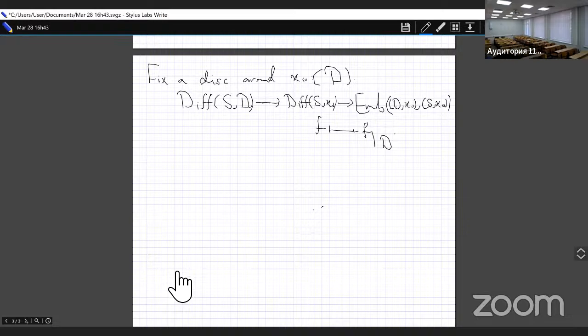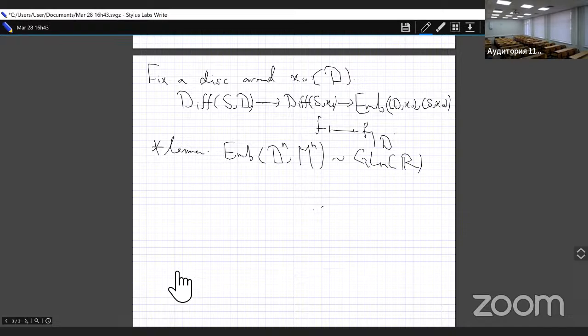Let me state it as a lemma. For any dimension, the embedding of this into any n-dimensional space is just a homotopy equivalence.